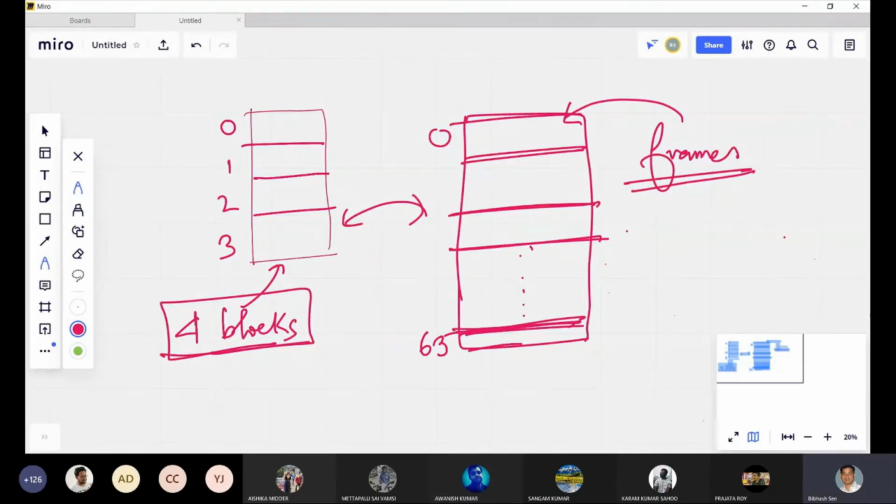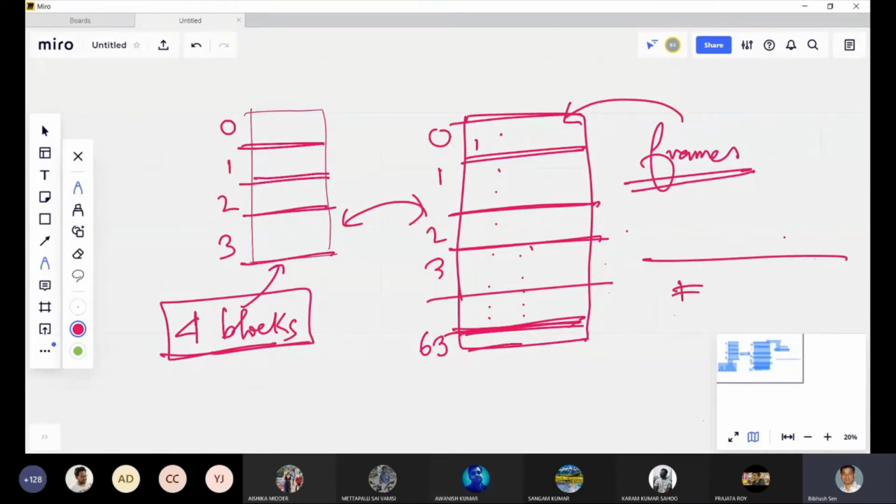Now, at a time, one page, one block, how many blocks can be present? 4 blocks. Which 4 will come here? 0, 1, 2, 3, like this, which page? The number of cache blocks, I write C block, and the block frame reference.